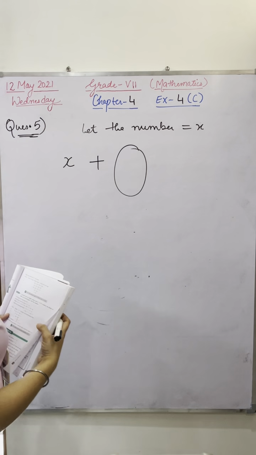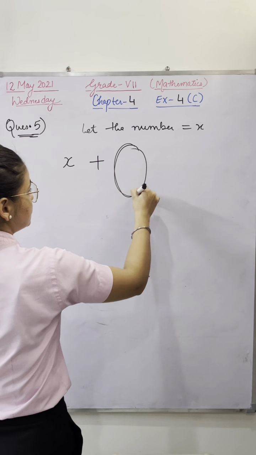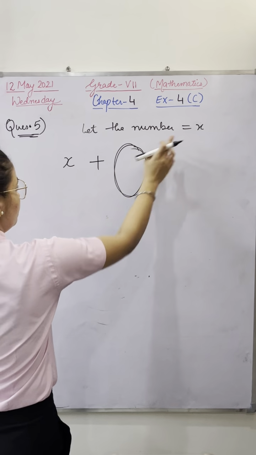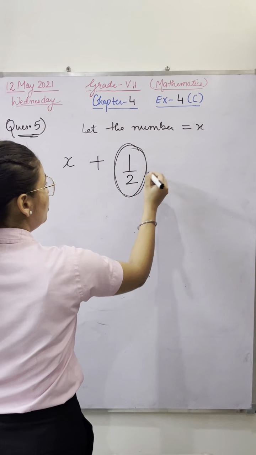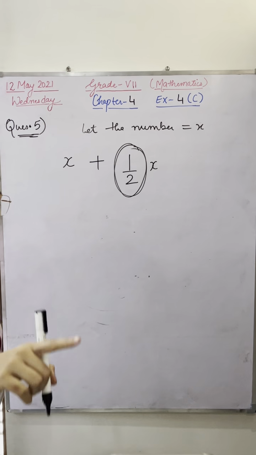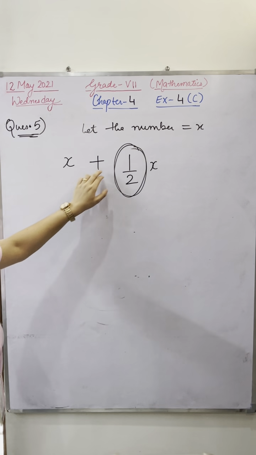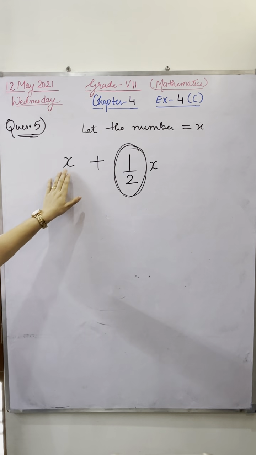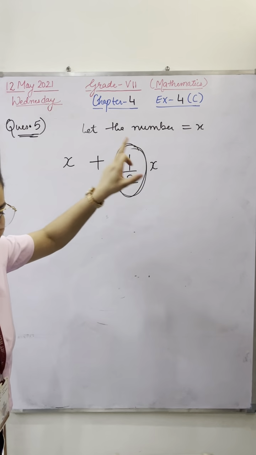This is a very easy thing. They are saying that this number, when it is added to its half, means 1 by 2 of x. If a number is added to its half, then it will be x plus 1 by 2 of x.